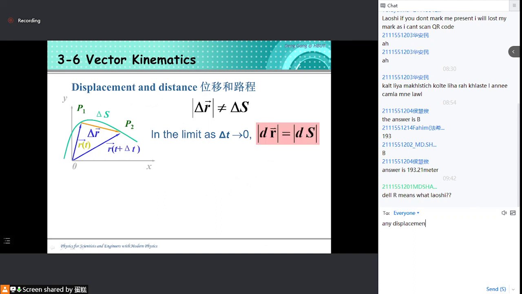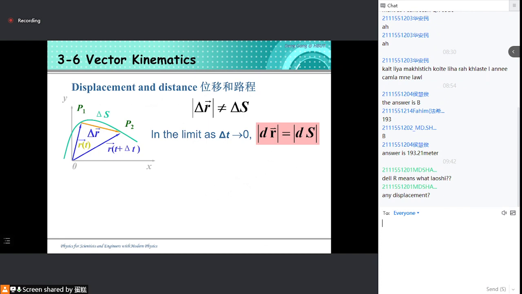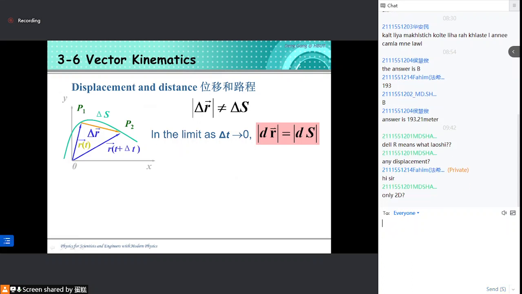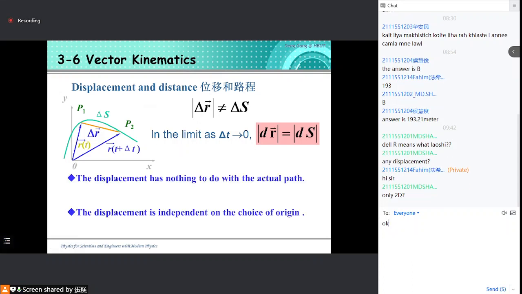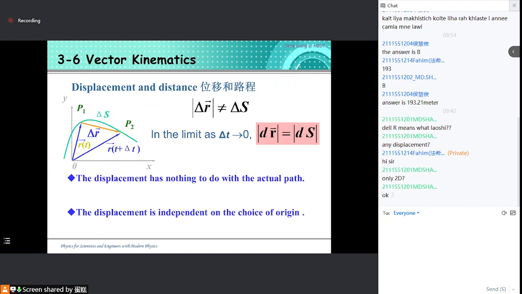The magnitude of displacement does not equal the distance. Here delta r arrow means displacement in two dimensions, a two-dimensional problem. 3D is the same. We use delta r arrow in 3D also.